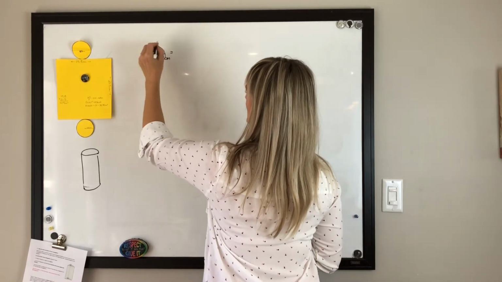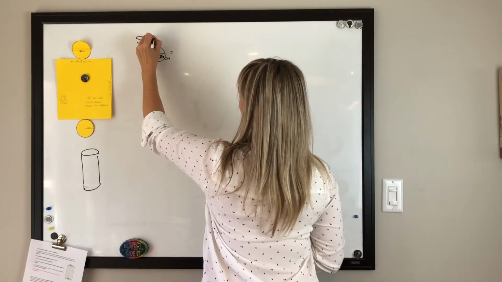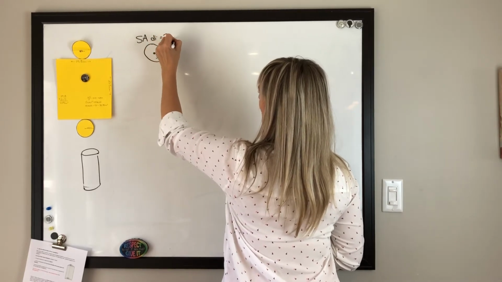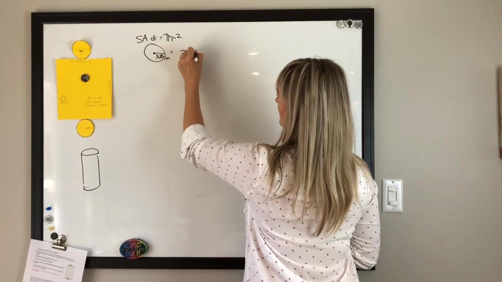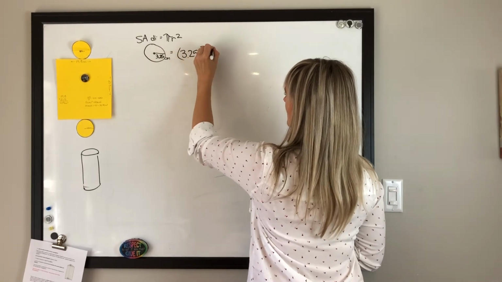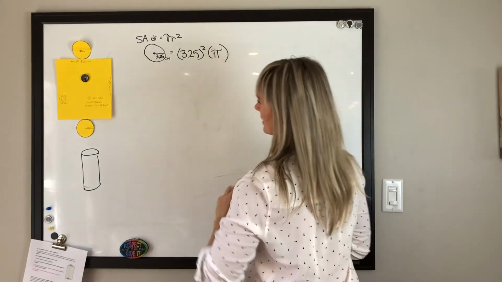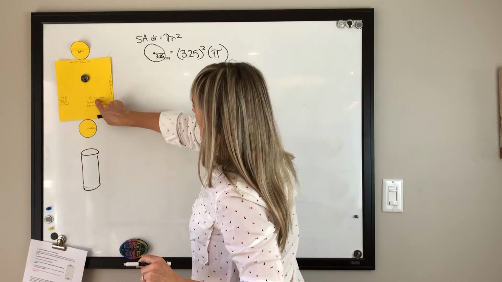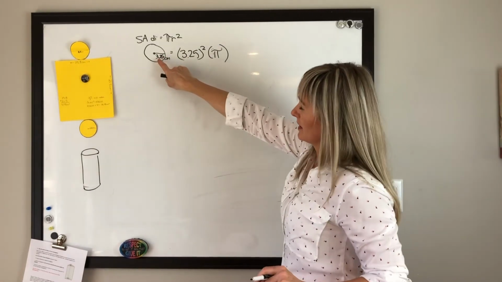So the area, the surface area of a disc is going to be pi r squared. So we have to square 3.25 and then we multiply it by pi. Okay, well, I did that already over here. So our diameter was 6.5. Half of that will be your radius.